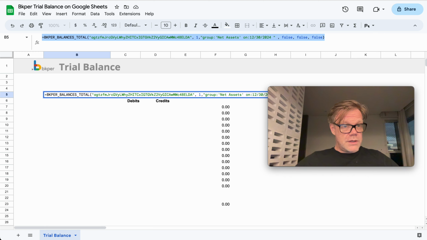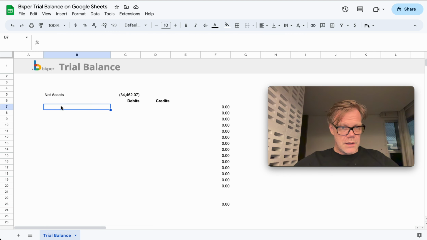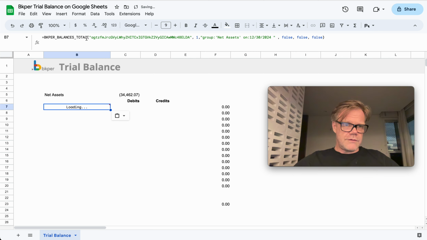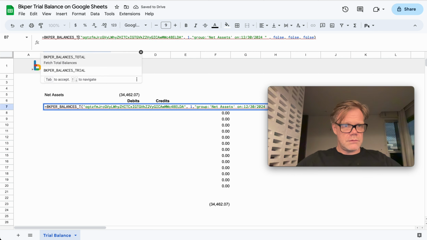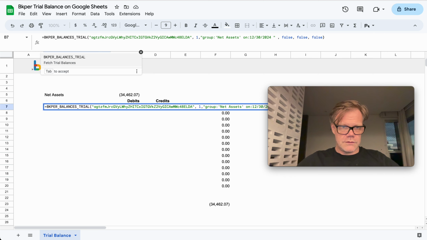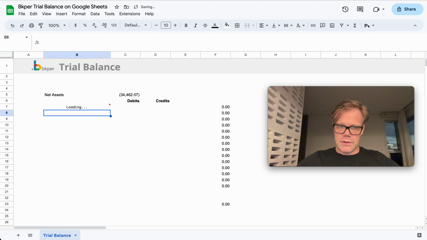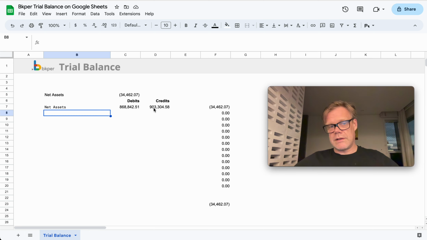Now let's copy this same function and see what happens if I fetch the trial balance of this same query. You see, it gives the debits and the credits, the total of all my accounts on the balance sheet, assets and liabilities.